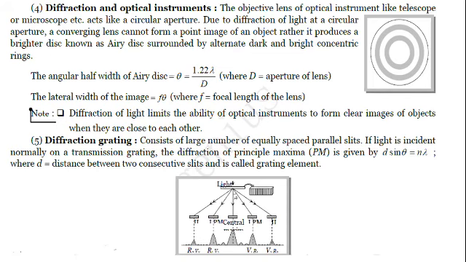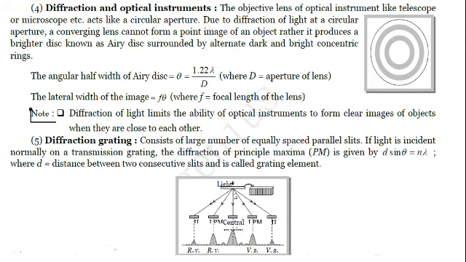What is their purpose? We will discuss. First of all, a diffraction grating consists of a large number of fine slits. If light is incident normally on a transmission grating, the diffraction principle d sin theta is equal to, okay. See, actually, when a number of glass pieces are combined, what will happen, guys? It will reduce the effect.